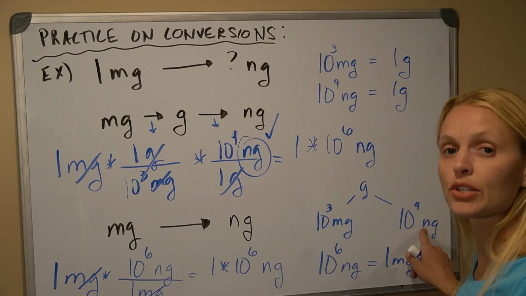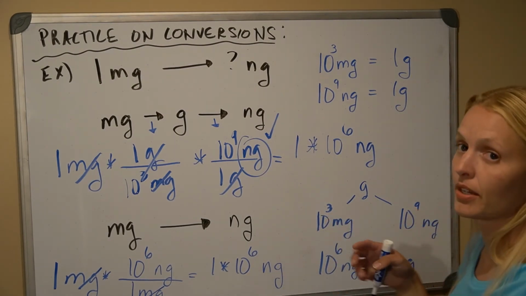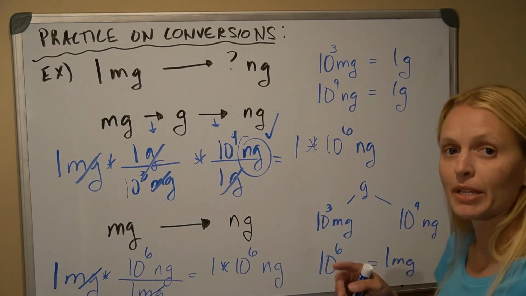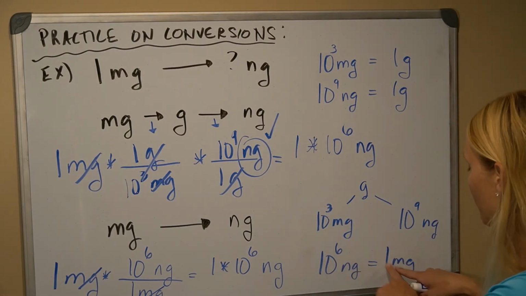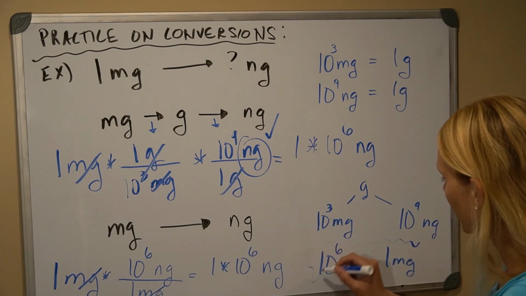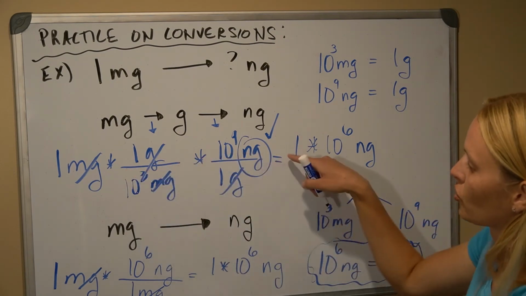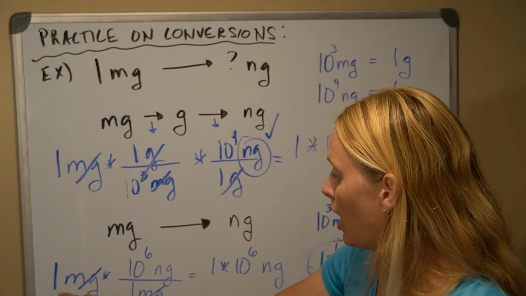Okay, nano is smaller, so this factor difference between 10 to the third and 10 to the ninth is a million, 10 to the sixth, okay? And nanogram is smaller, so I would need 1,000,000 nanograms to give me 1 milligram, okay? And so I can kind of figure that out in my head without having to do this extra step up here, okay? And so I could just set up my conversion like this.